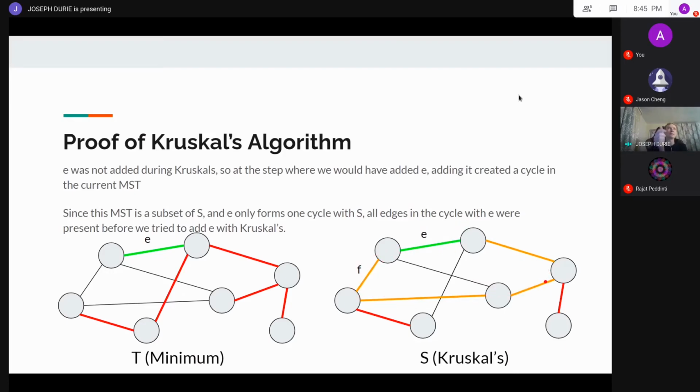Right? So at this step where we added E in Kruskal's, we couldn't add E because all of these 4 edges had to already be there.